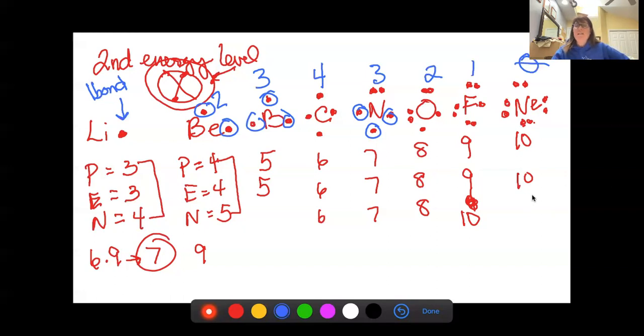The noble gases are very stable. They cannot form any bonds. They do not have an unbonded electron. All their electrons have partners. Okay. So when we talk about trying to be stable, all of these elements are trying to become stable like the noble gases or inert gases. That's the group in the last group.